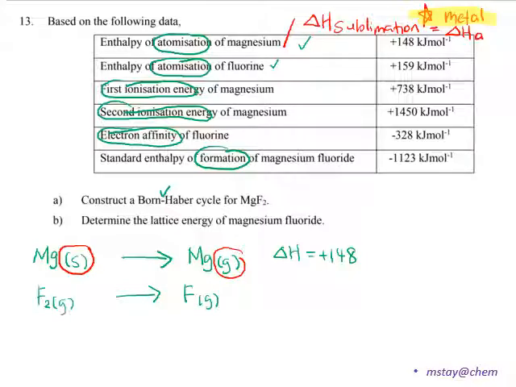This chemical equation is not balanced, so we have to put 1/2 in front of fluorine gas because we want to make sure one mole of gaseous atoms is formed. So the enthalpy is positive 159. Next, we're going to continue with the ionization energy.